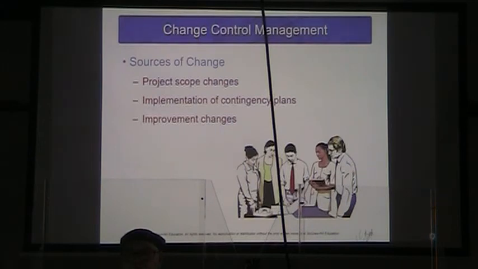Part of that is going to be, do we have to implement any of our contingency plans? Right? Are our contingency plans adequate to our risk events? And as we identify changes, again, we have to go back through the risk management process over and over.